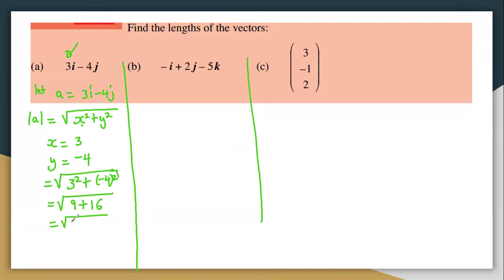Add well. 25. And you end up with 5. So that's how they are getting the 5 units. Thank you. All right.